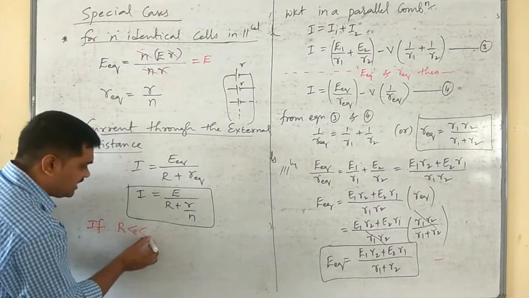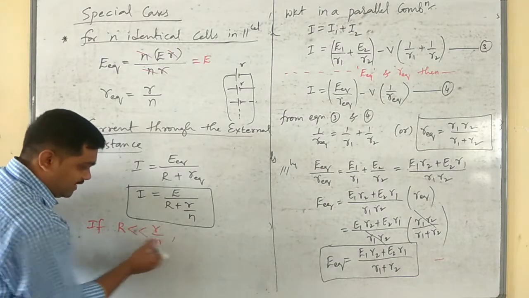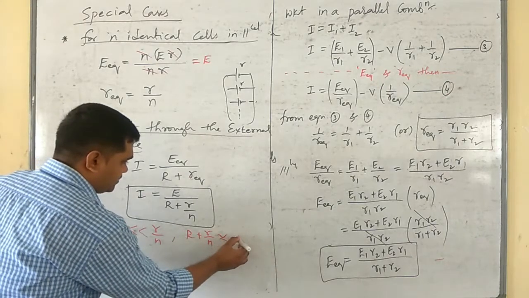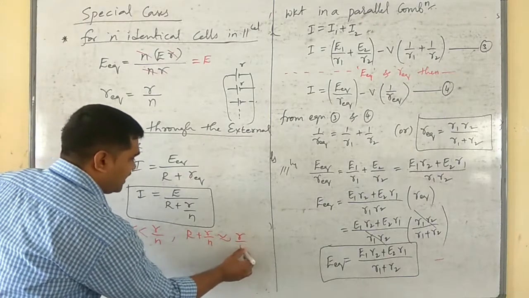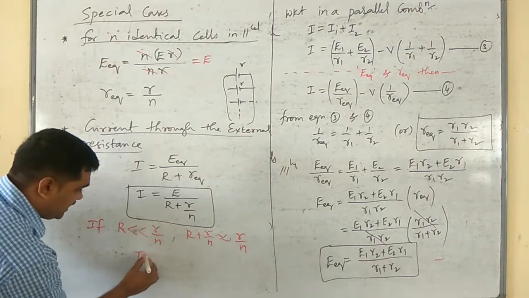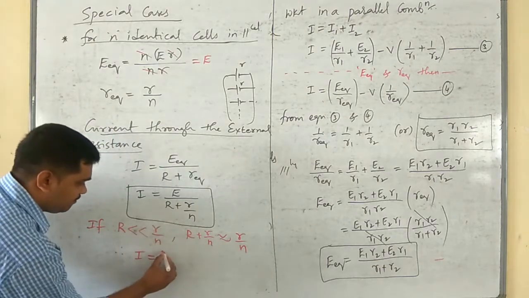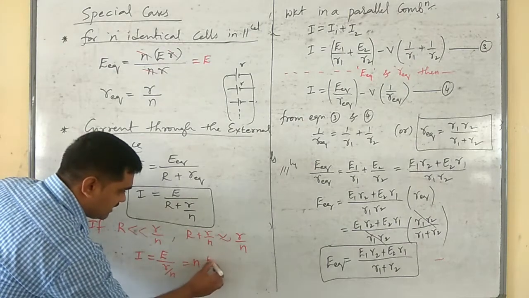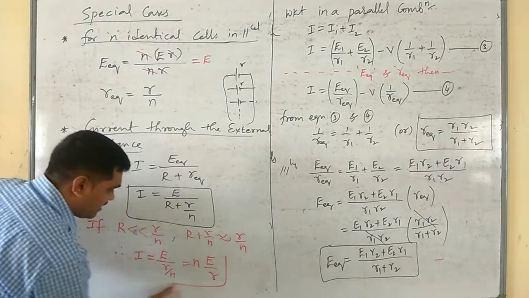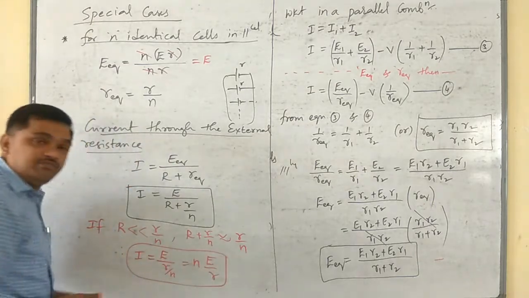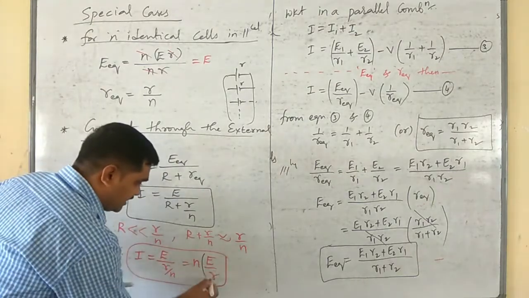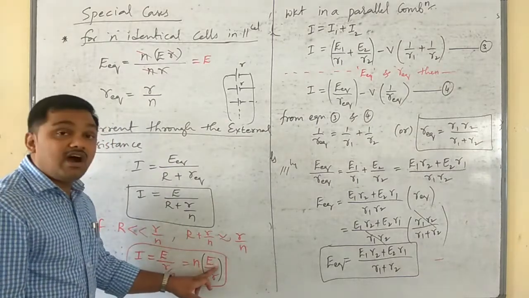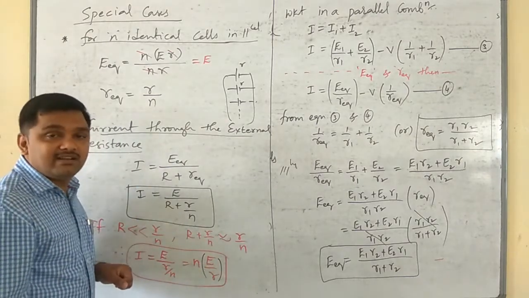Okay, if R is very much less than r divided by n, then R plus r divided by n becomes approximately equal to r by n. Therefore, the I expression will directly become E divided by r by n, otherwise n times E by r. What does it mean? n times E by r means n times the current offered by one cell.